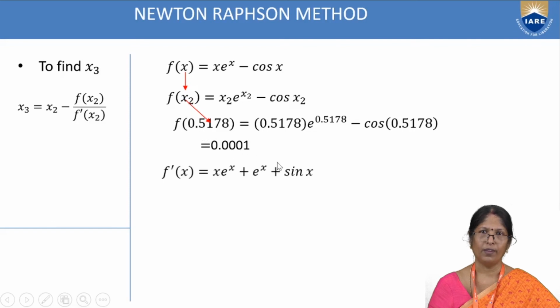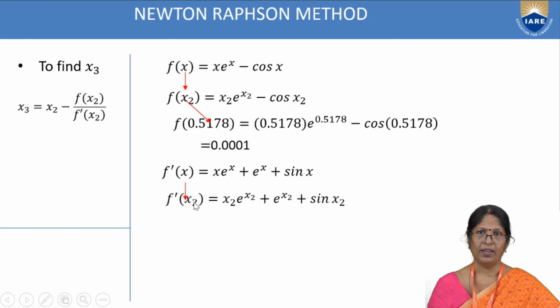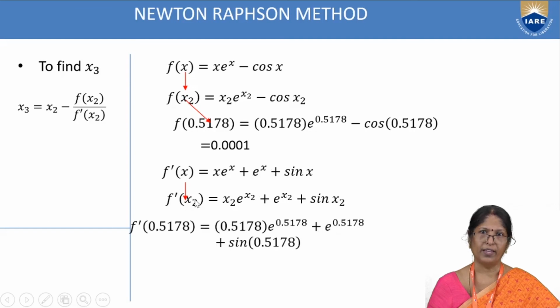Next, f dash of x is written, but we wanted f dash of x2. That is the reason x is taking x2. So x2 e power x2 plus e power x2 plus sine of x2. Wherever the complete x is, it is changed to x2. Now f dash of 0.5178 is 0.5178 e power 0.5178 plus e power 0.5178 plus sine of 0.5178.